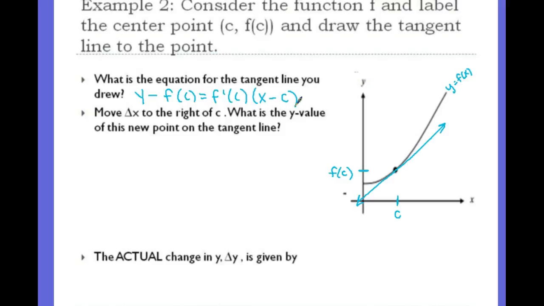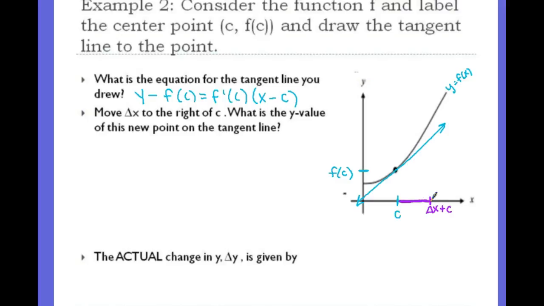So now we're saying, if I move delta x to the right of c, let's make a new point and call it delta x. We've moved delta x units to the right of c. So this point in terms of my function would be delta x plus c, because the distance here is delta x.